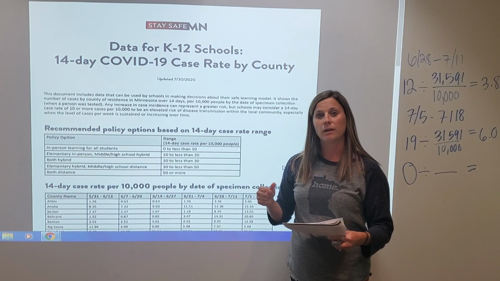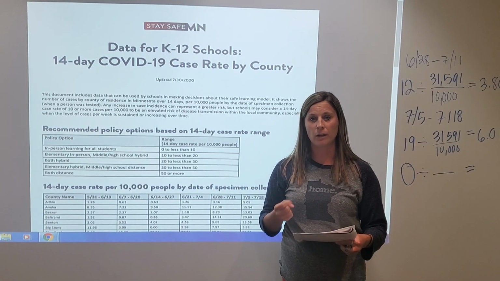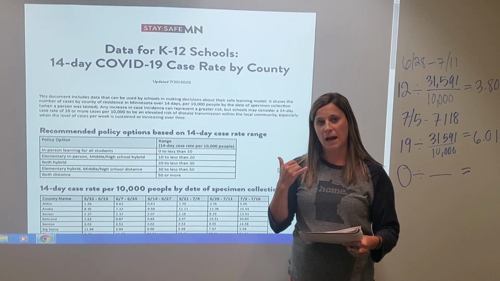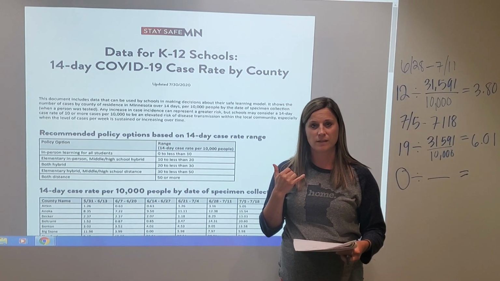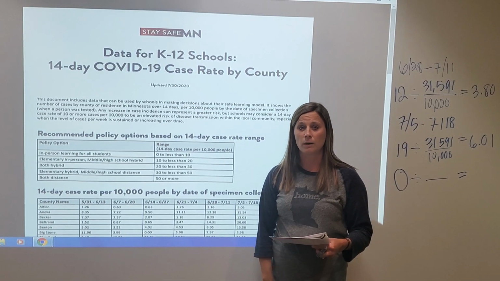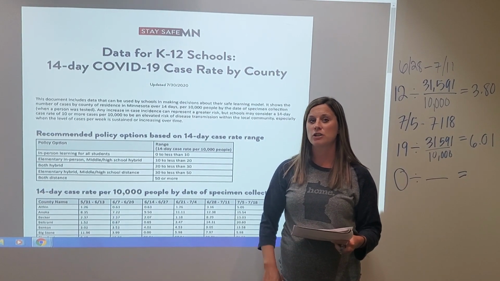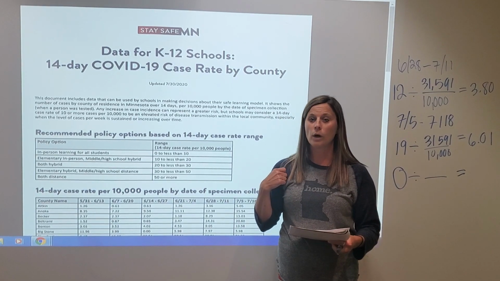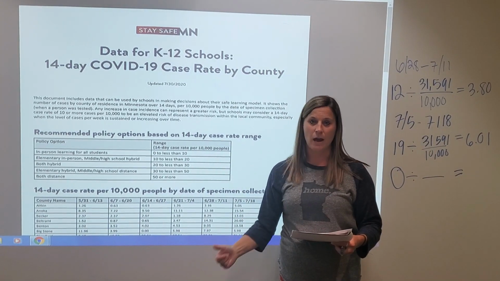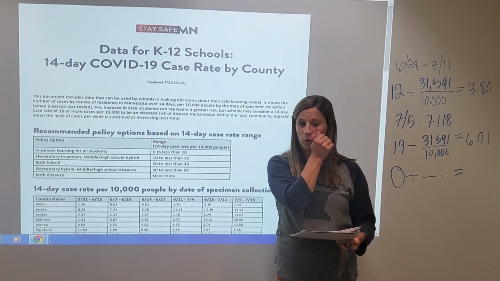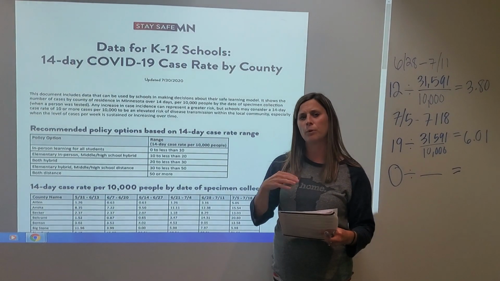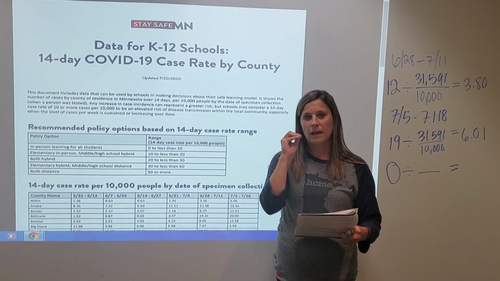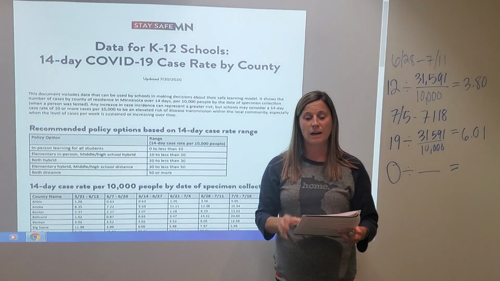For example, if someone has a positive case in Polk County, we call them and ask them a series of questions as part of the case investigation. Sometimes when we complete that phone call, we learn that they actually live in Clearwater County, or maybe they live in Stearns County, or they may be living in neighboring North Dakota. So it's really important for us to put that case under the county where the person actually lives.